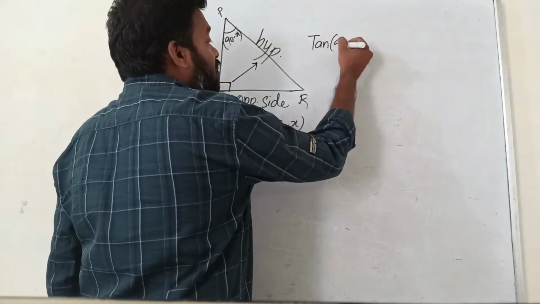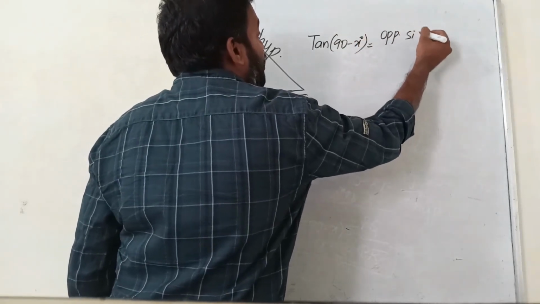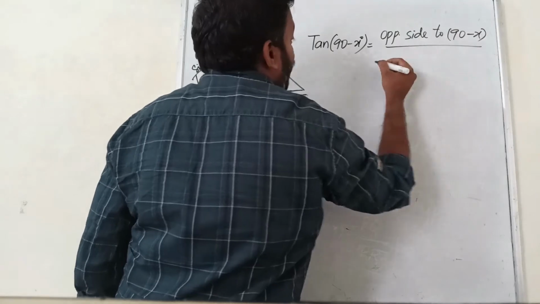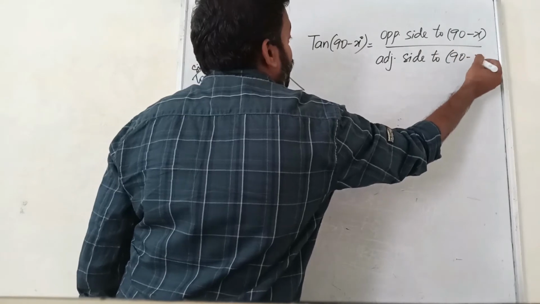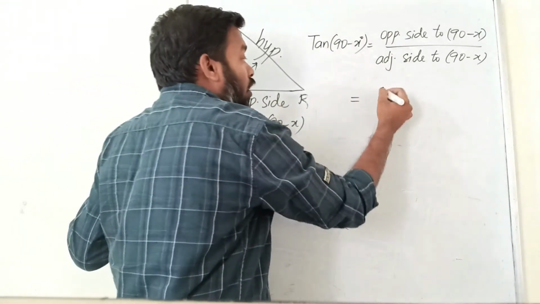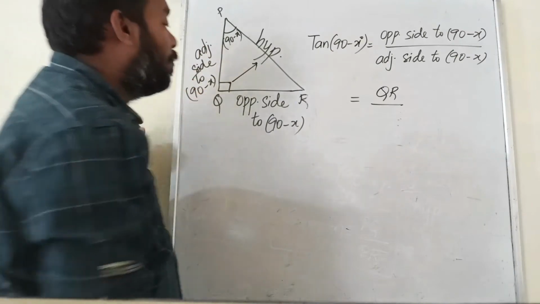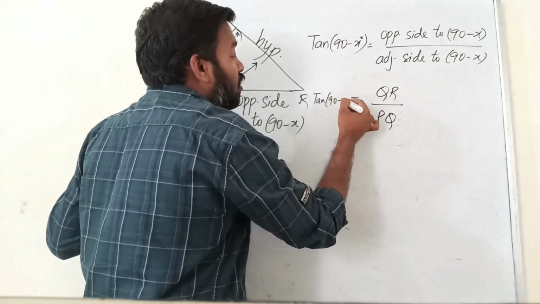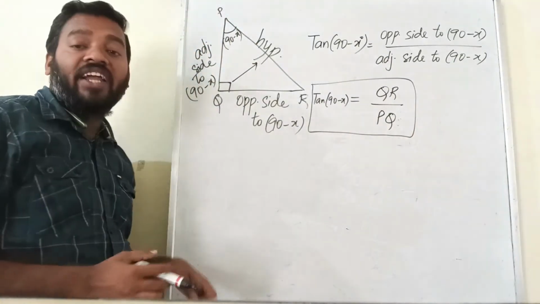The formula for tan is the opposite side to that angle by the adjacent side to that angle. The opposite side to 90 minus x is QR, by the adjacent side to 90 minus x, PQ. That is tan 90 minus x, our third trigonometric ratio for angle 90 minus x.